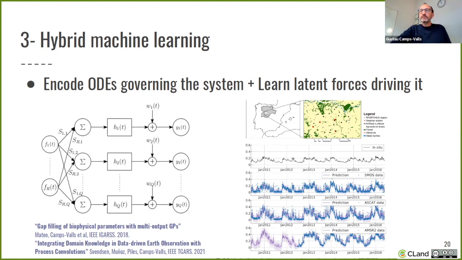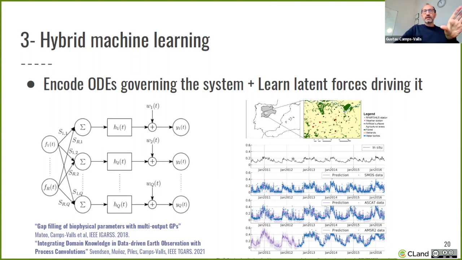And for example, in the case of AMSR2, because of obvious reasons, the sensor was not existent before June 2012, you don't have data, right? But the model is able to extrapolate across sensors and also, of course, work with missing gaps, with missing measurements in different instances.